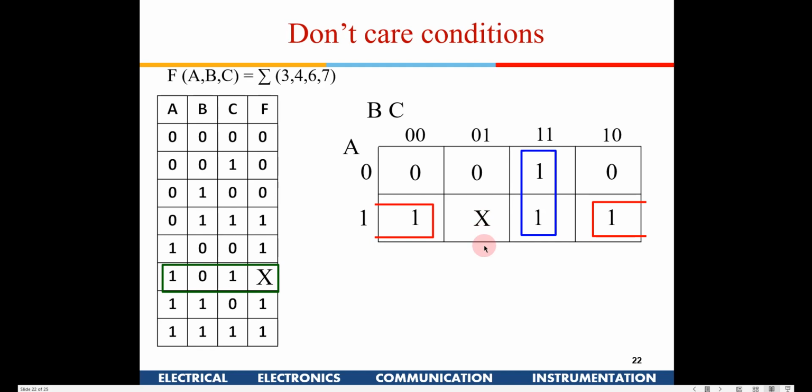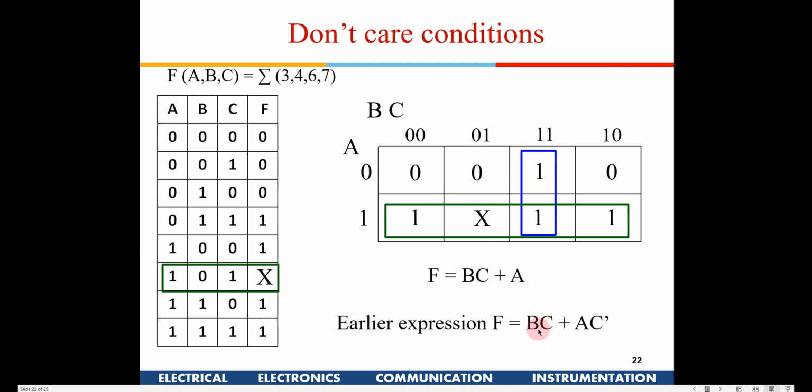The advantage of putting an x is that I can take it either as 1 or 0. It is up to you, for your own advantage, to simplify the expression. In this case, if I take it as 1, you will find I can make a big 4-element box. I take that as a full box, and this becomes BC, whereas this full box becomes A. Without the don't care, the expression was BC plus A dash.